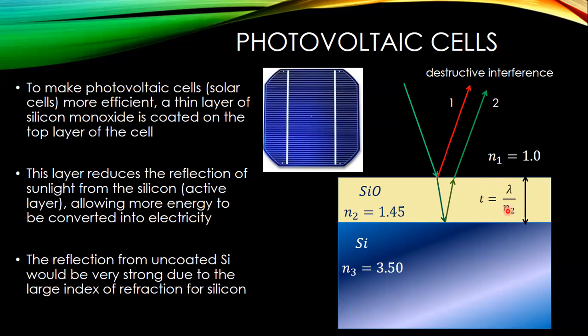It's not wavelength divided by N2. The thickness is actually the wavelength divided by 4 times N2. We get a strong anti-reflective surface, and thus we get most of the light down to the silicon, where it's going to be converted into electricity.